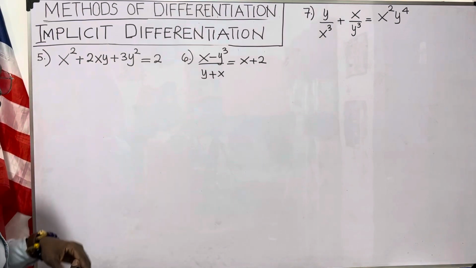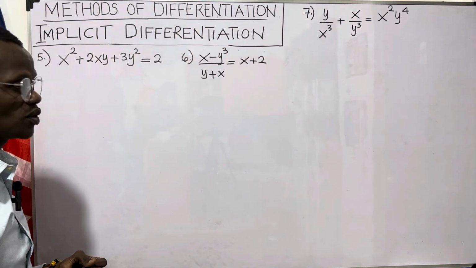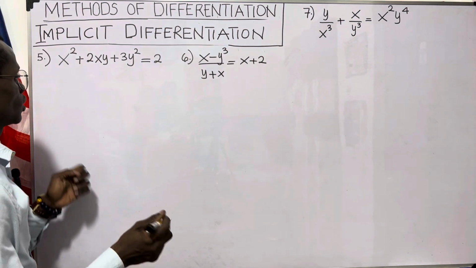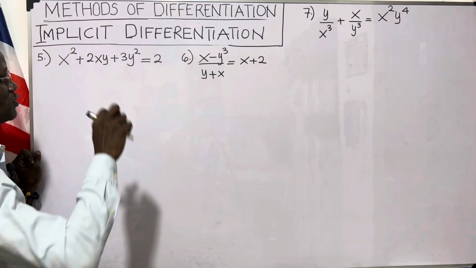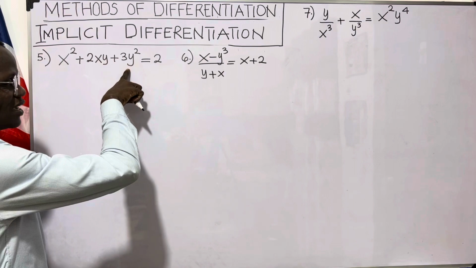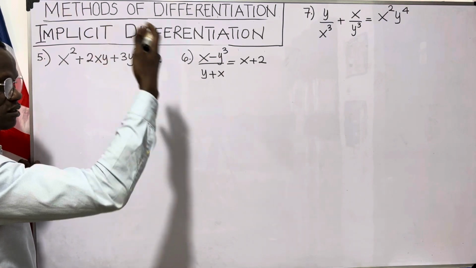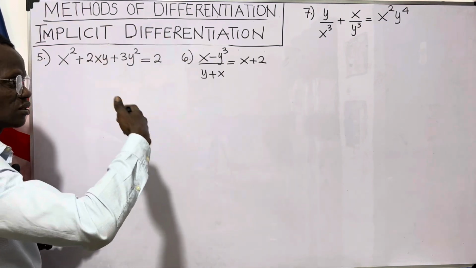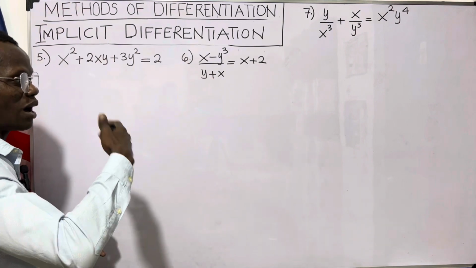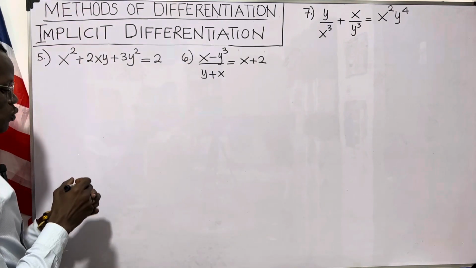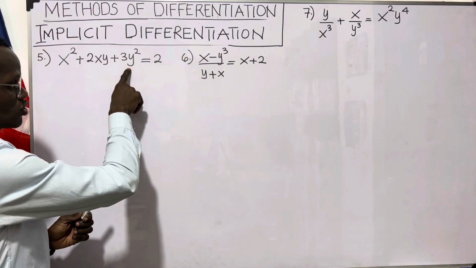The first one says x squared plus 2xy plus 3y squared equals 2. So remember we told you whenever you differentiate y, you must attach its derivative notation, that is y prime or dy/dx. We are doing that because y is the name of the function.